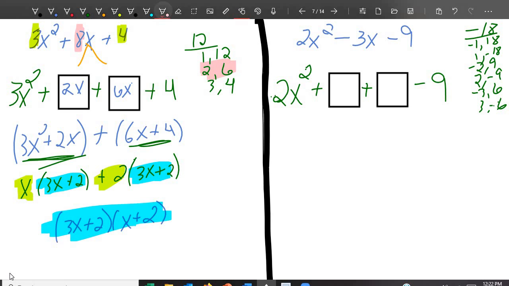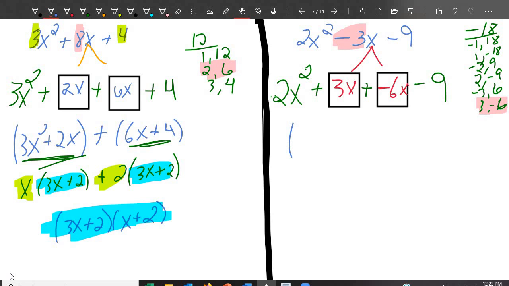So I'm looking for negative 3, and I've just found the two factors that add up to be negative 3. So in the box, I'm going to put a 3x and a minus 6x. They have to add up to be 3x, and they do.